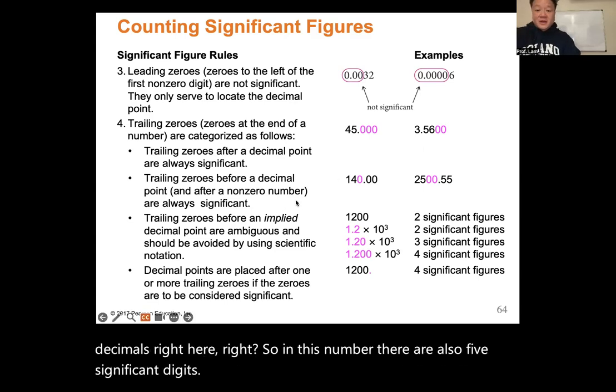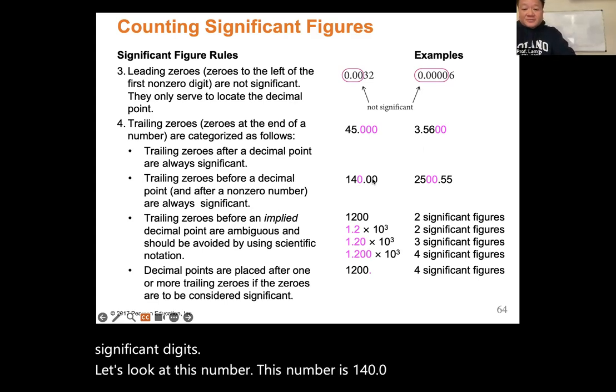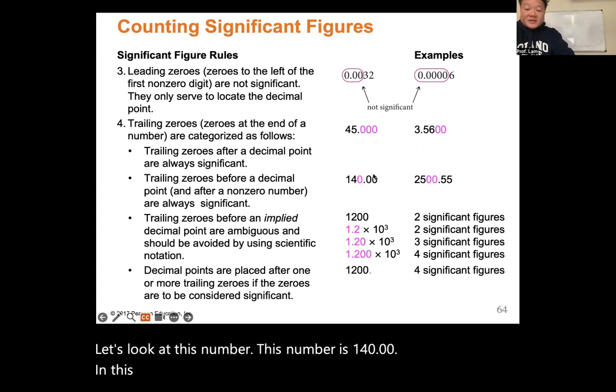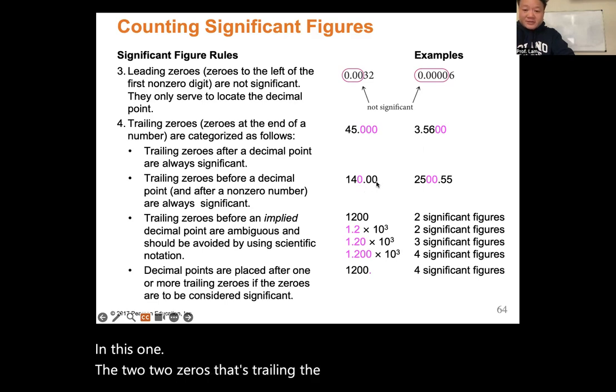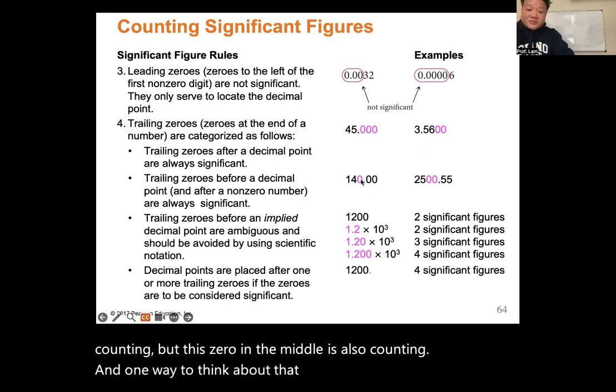Okay. Let's look at this number. This number is 140.00. In this one, the two zeros that are trailing the decimal point for sure are counting. But this 0 in the middle is also counting. And one way to think about that is it's sandwiched between the 4 and the decimal place.